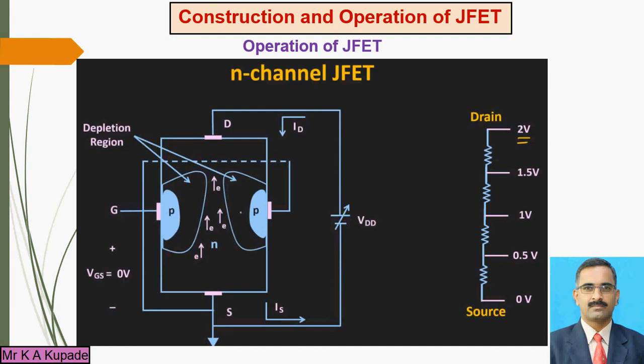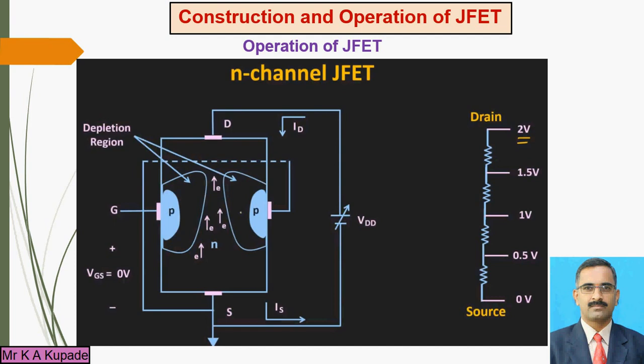The PN junction of the gate terminal gets reverse biased. Due to this reverse bias, the depletion region gets wider.